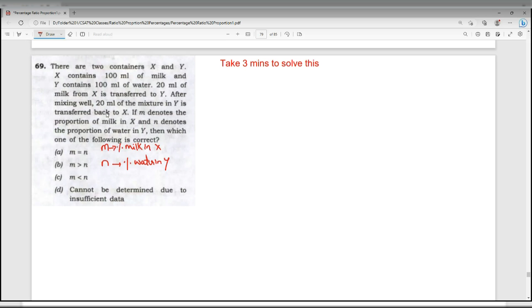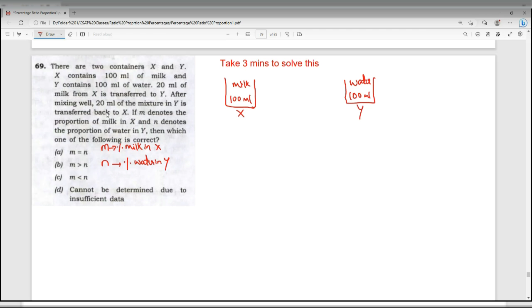So we have two containers. One container X, which has 100 ml milk, and another container Y, in which there is 100 ml water.